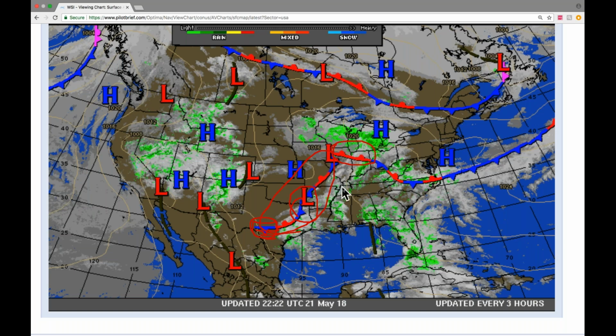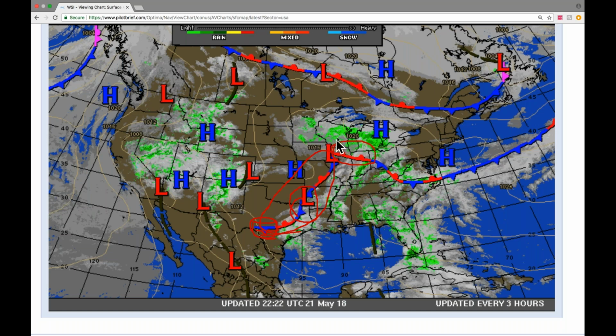Yeah, so we have a cold front and a warm front meeting together, and neither one has enough pressure or ability to take over the other. And so they just kind of sit there. And that's why they're called a stationary front.